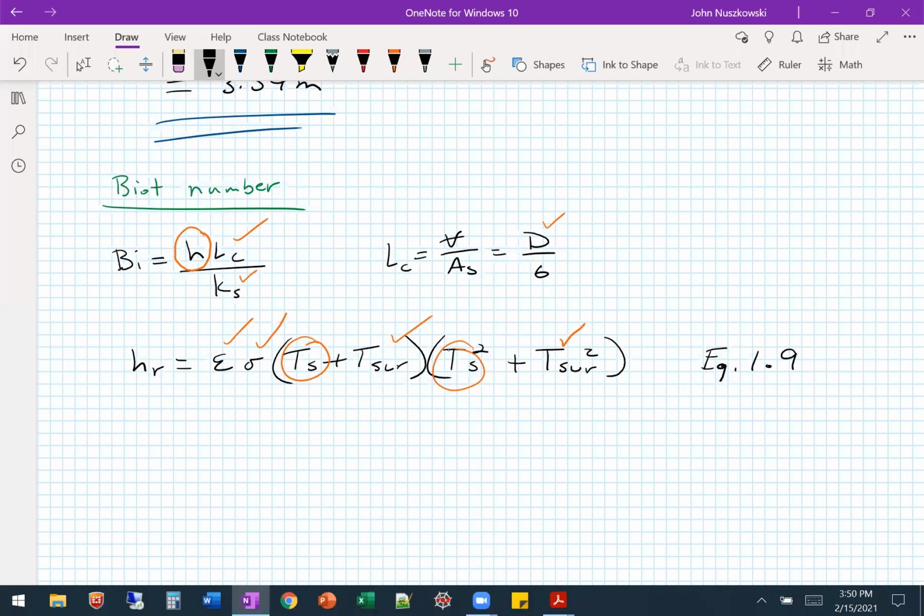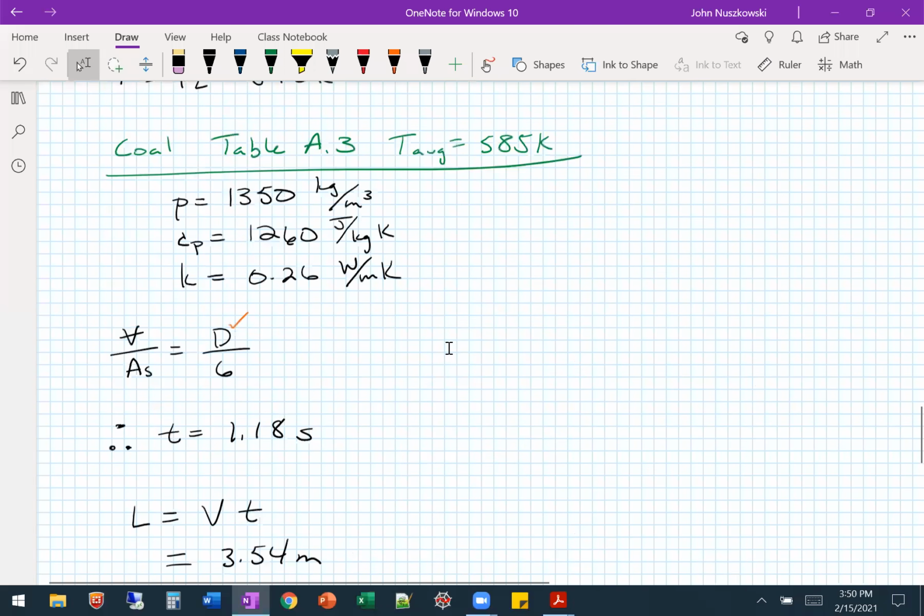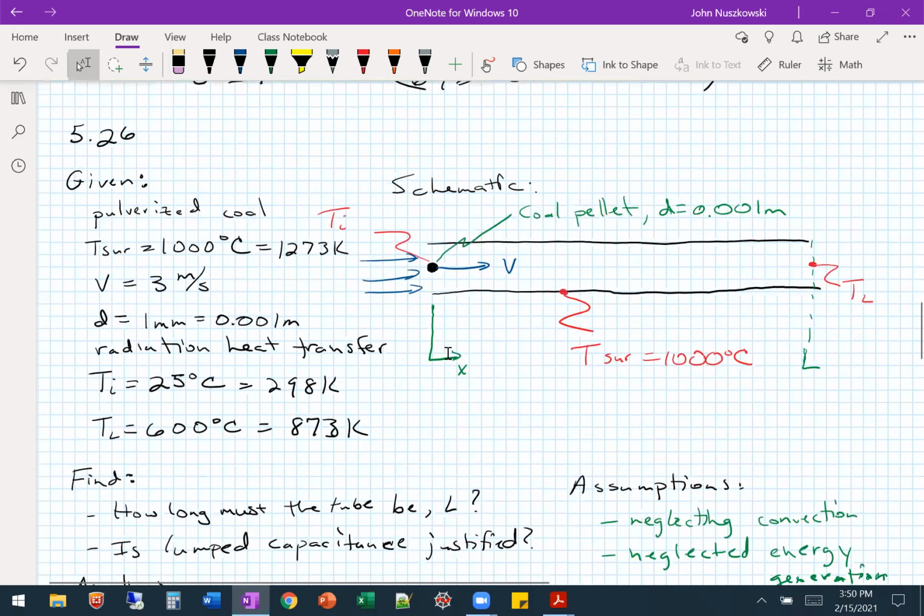For the temperature of the surface? Would it be the 873? So at the exit, okay.